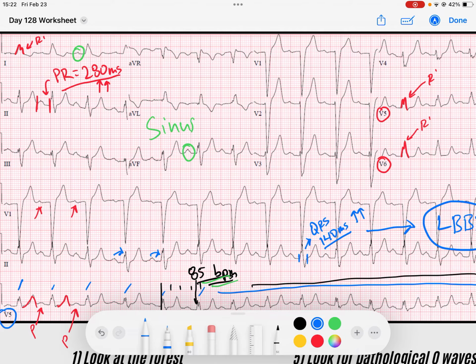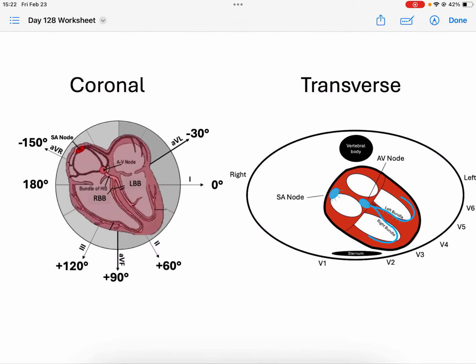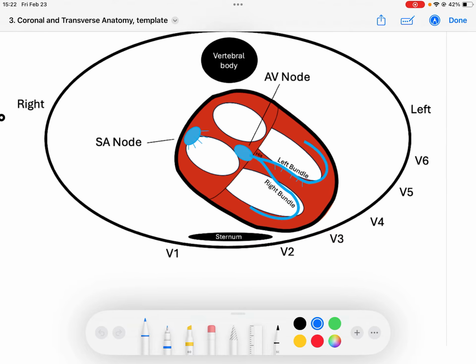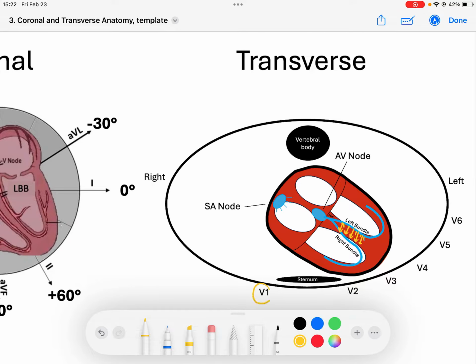You also see we lose the septal R wave, right? We have no septal R wave. Well, what does that even mean? Well, remember that the left bundle, I look here on my transverse axis, supplies these little fibers that will initially, the first thing that happens is we have depolarization off the left bundle of our interventricular septum, and that is going towards V1.